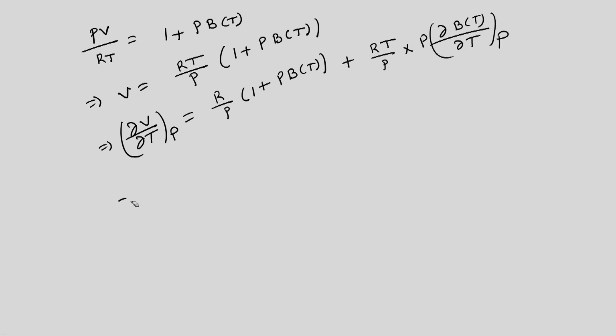So, we can further simplify: if we do ∂²V/∂T² at constant pressure, we get R ∂²/∂T² times B(T).